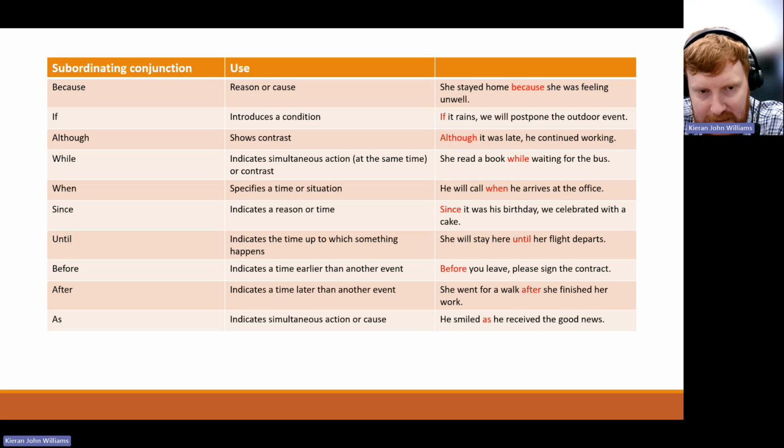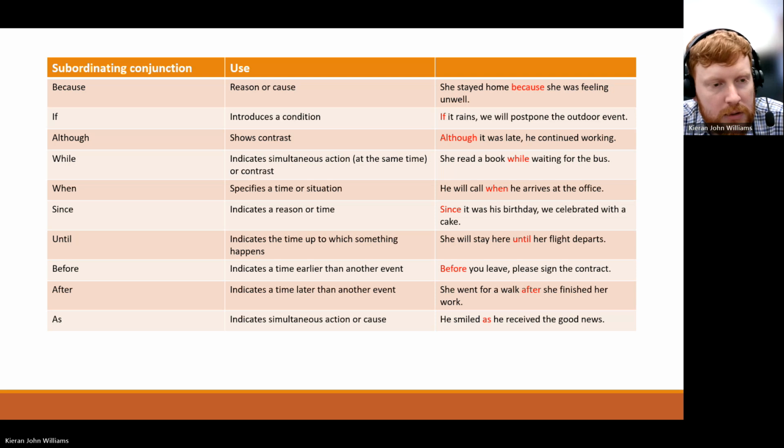Like in the example, she read a book while waiting for the bus. She was reading a book at the same time as waiting for the bus. The next one, when, specifies a time or a situation. So he will call you when he arrives at the office. At the time he arrives at the office, that will be the time that he calls you.